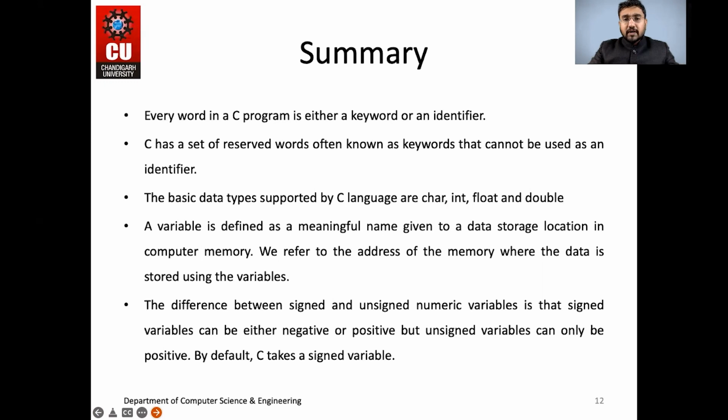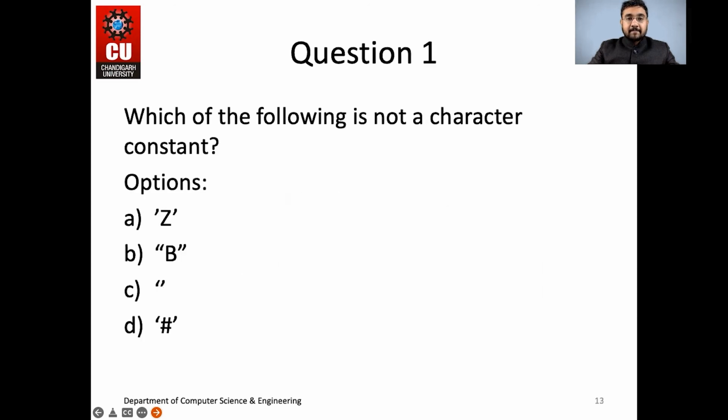So I'll leave you with some questions. Try these questions out, and we'll pause the video for a while, and we'll discuss the answers at the end of this particular session. This is the very first question, which asks which of the following is not a character constant.